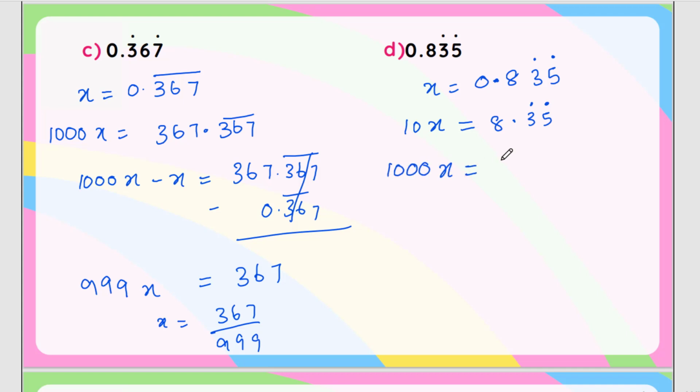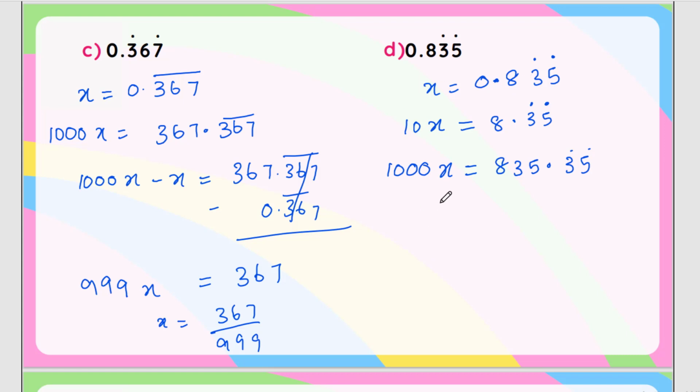1000x equal to 835.35 repeating. Now we have to subtract 1000x and 10x. You may ask, what will happen if I directly subtract 1000x and x?